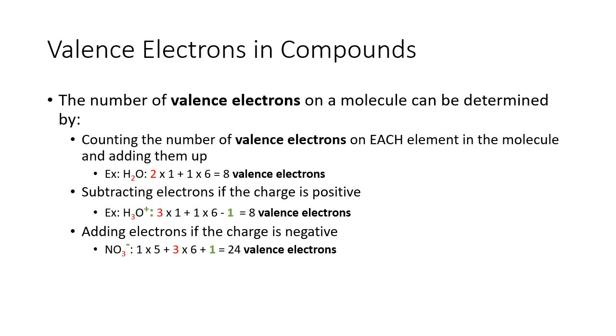Now, if you have a negatively charged ion, you would add, because it's got an extra electron. So NO3- has 1 times 5 for nitrogen, plus 3 times 6 for oxygen, plus the 1 for the charge, giving a total of 24 valence electrons.